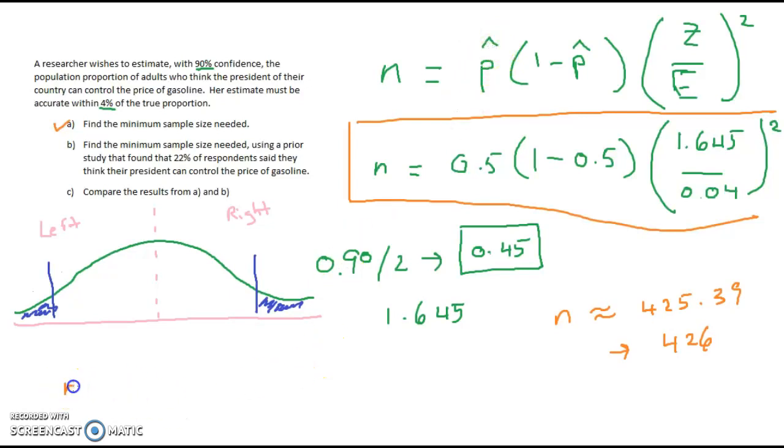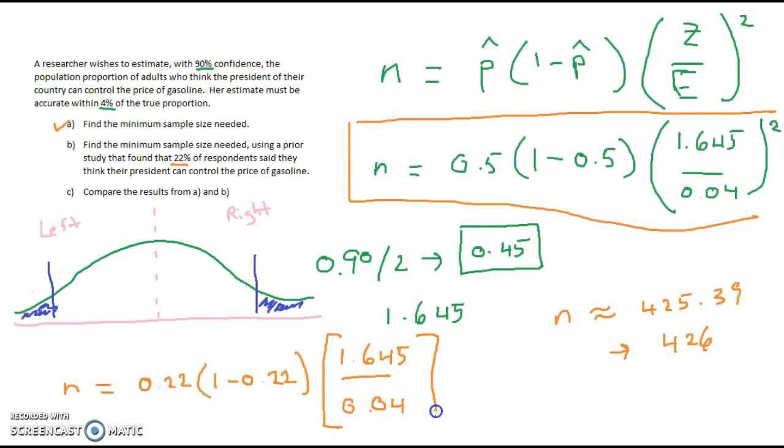So, don't worry, I'm not going to work this all out, but it would just be 0.22, right? That would be the proportion of people that said they think the president controls the price of gasoline, which he does not, just by the way. Times 1 minus 0.22, and then that times, well, we still have the same z-value, because we're still looking for 90% confidence, so it's going to be 1.645, over the error rate, which again is still the same, 0.04, and that's squared.